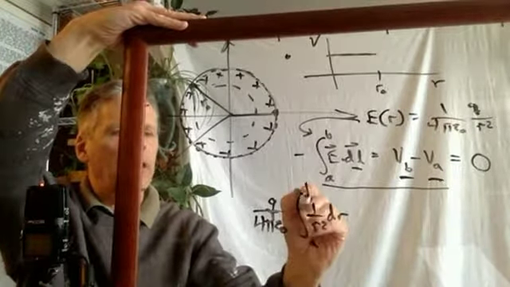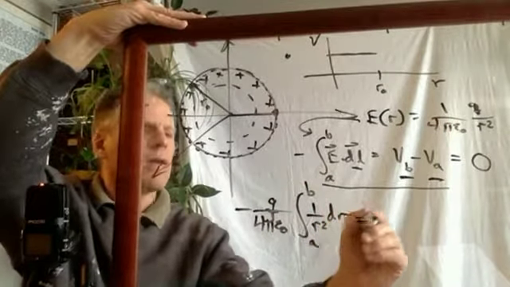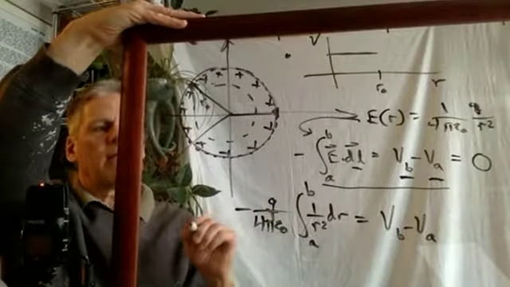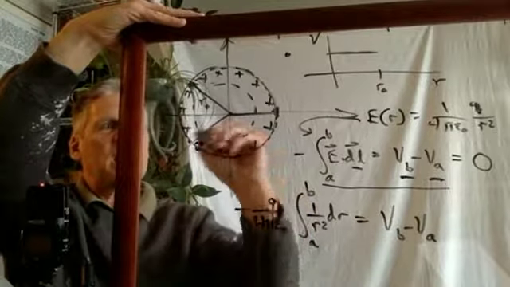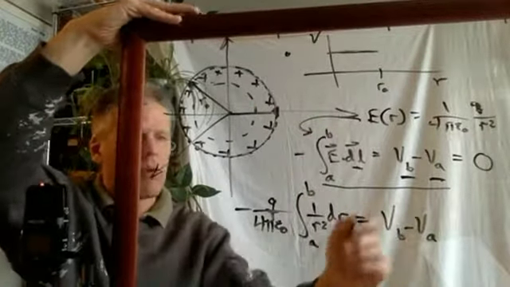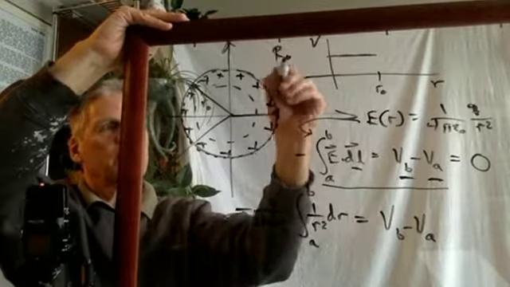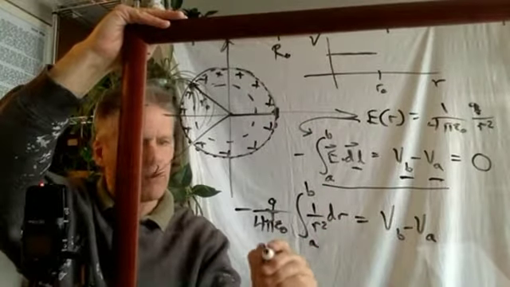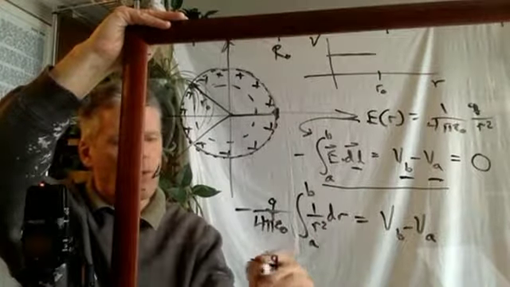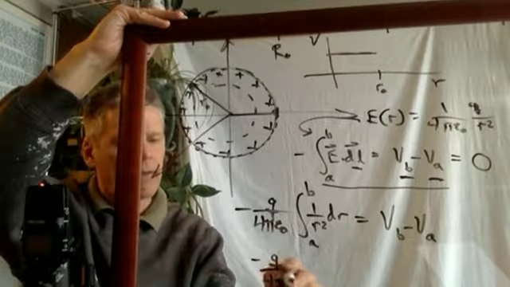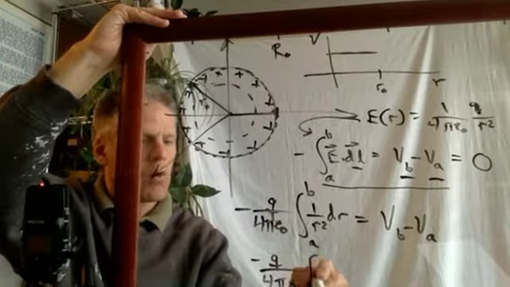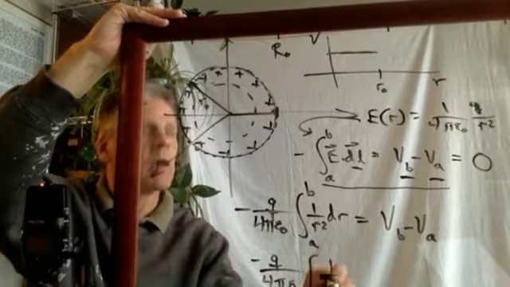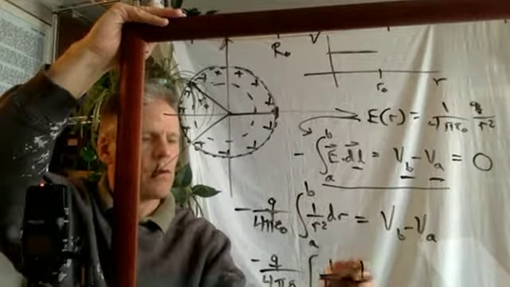I'm going from point A to B, and minus this is going to be, right here at the edge of the sphere, my point B is way out somewhere at big R. And so what is this integral? It's minus q over 4 pi epsilon 0, 1 over r minus 1 over R0.